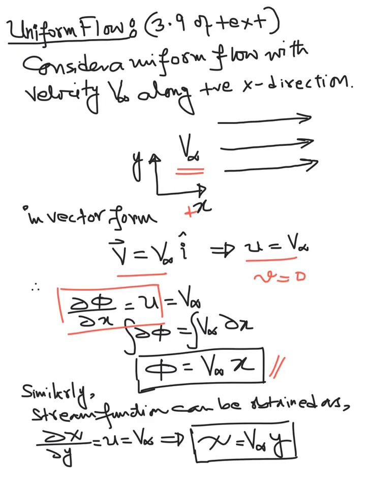Similarly, by following the stream function equation for velocity u, the stream function can be obtained for the uniform flow. In this way we have obtained the potential and the stream function for our uniform flow, which is the first of the elementary flows.